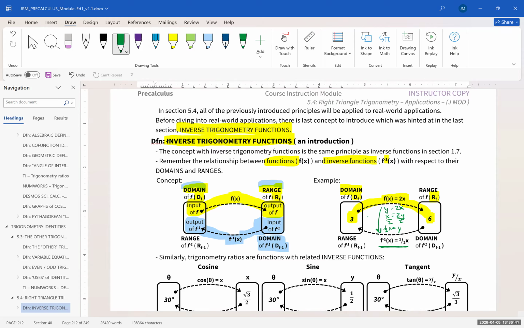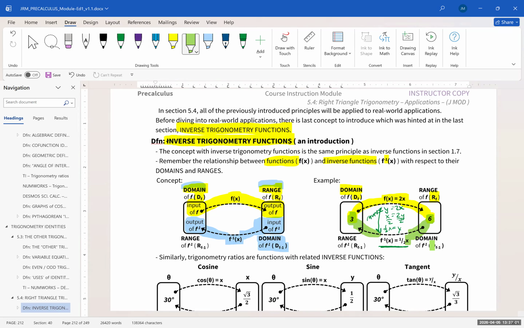So this is finding the inverse. All right, so with this inverse function, we can plug 6 into our inverse function here, and 1/2 of 6 is 3.